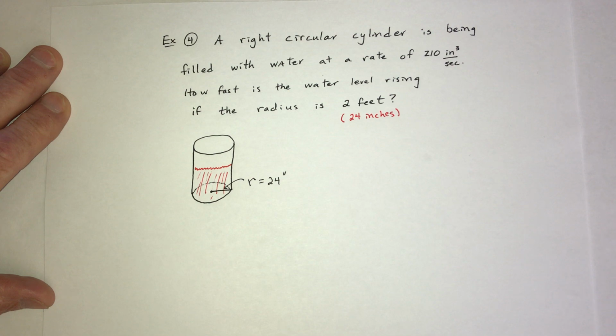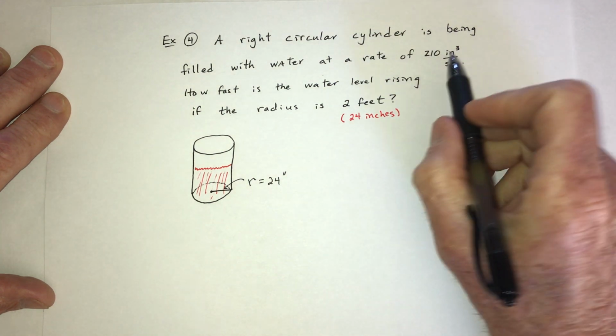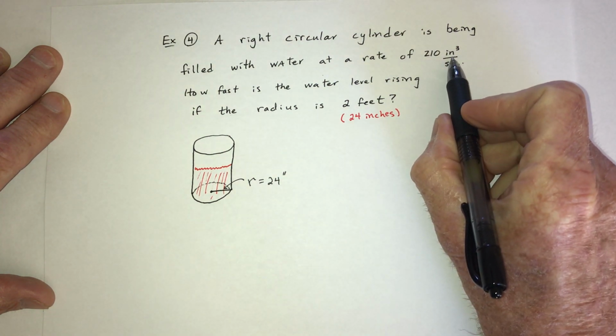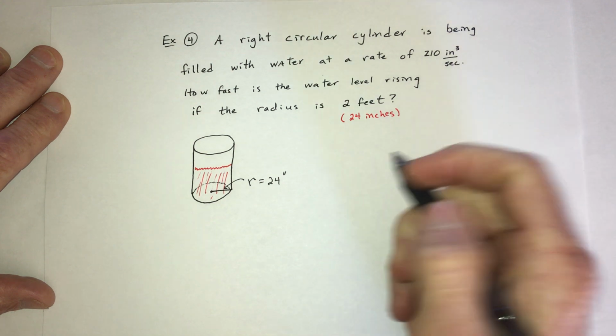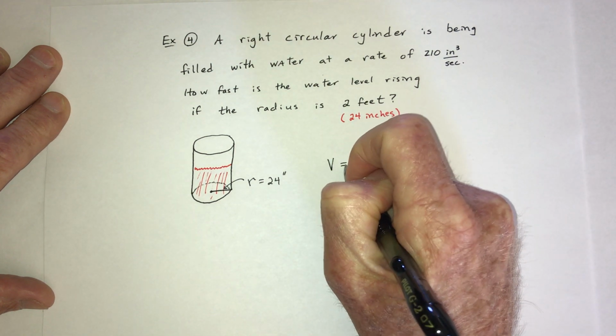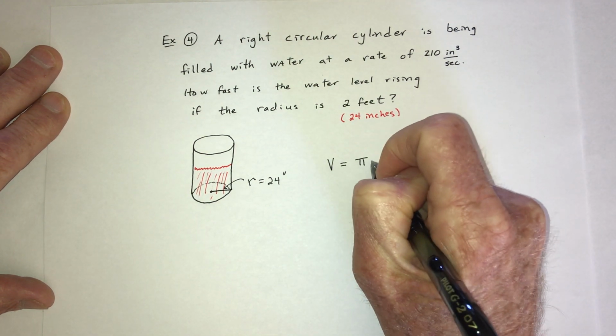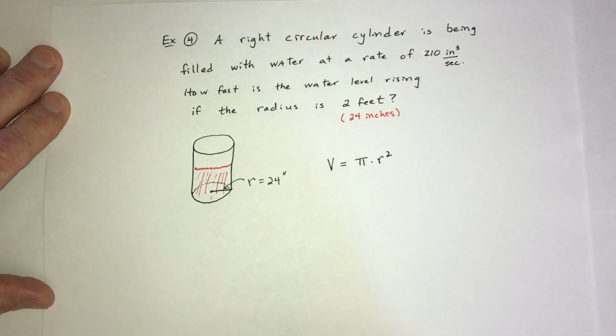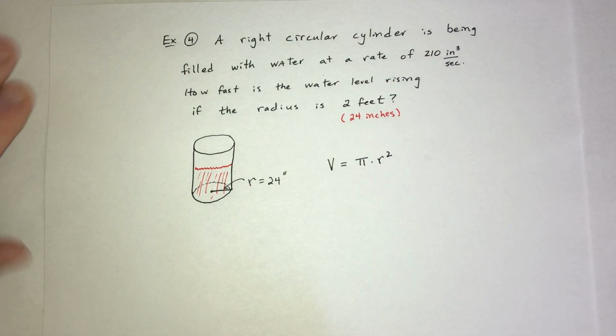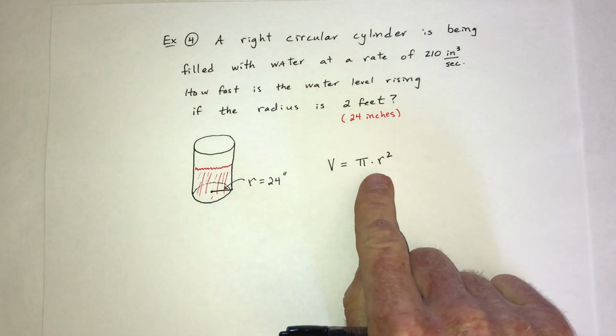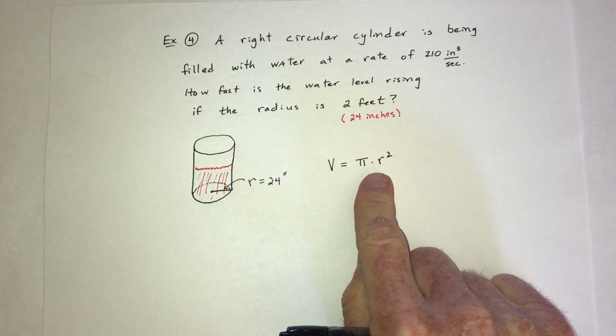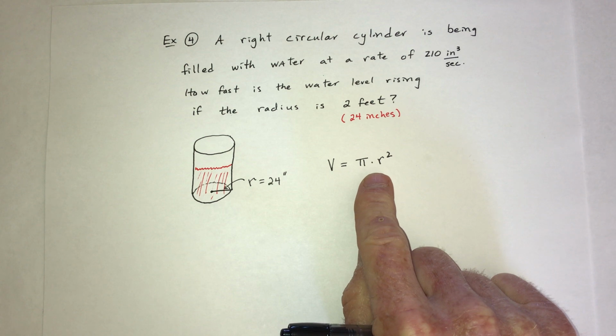Now we need to know the formula for the volume, because as I mentioned right there, that's volume. So the formula for volume goes like this: pi r squared. Right now your brain should be saying pi r squared, that's the area of a circle.